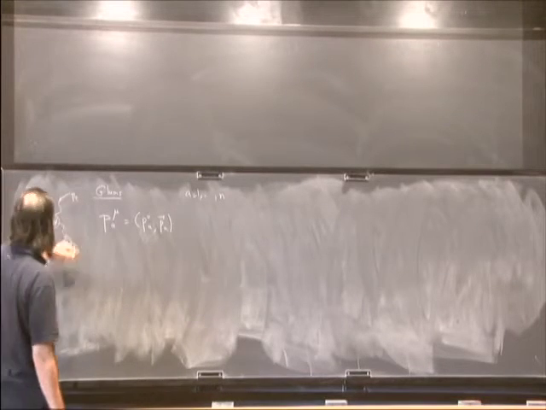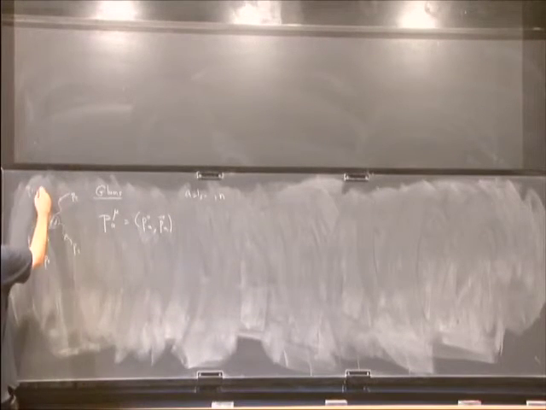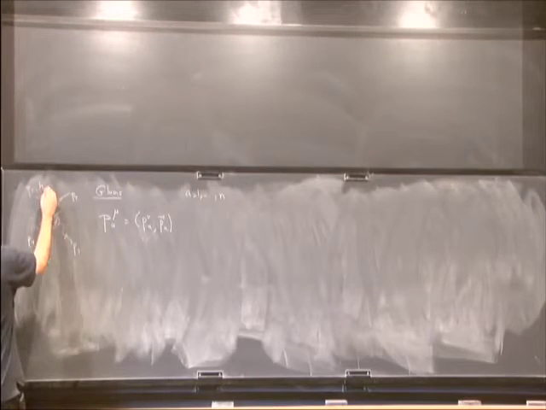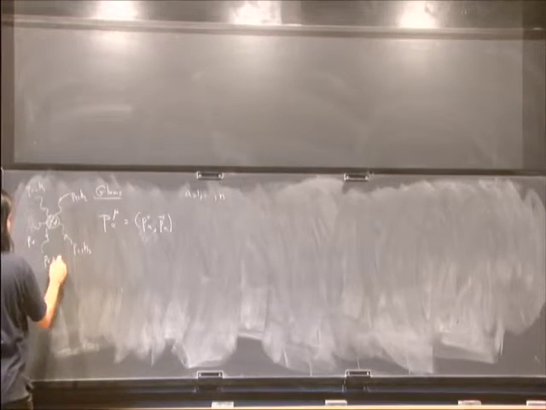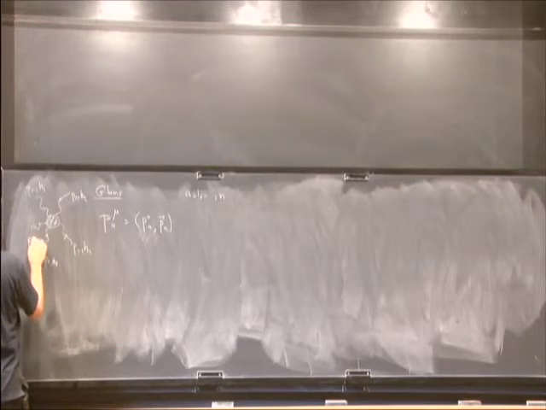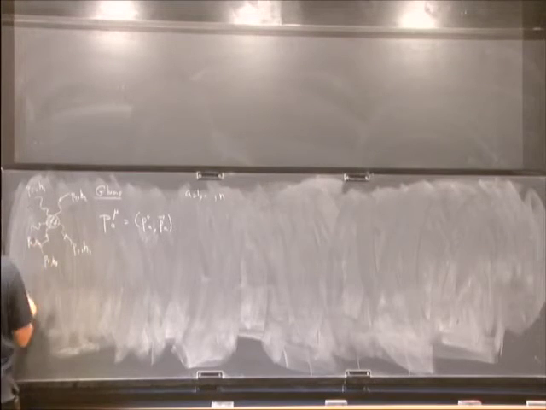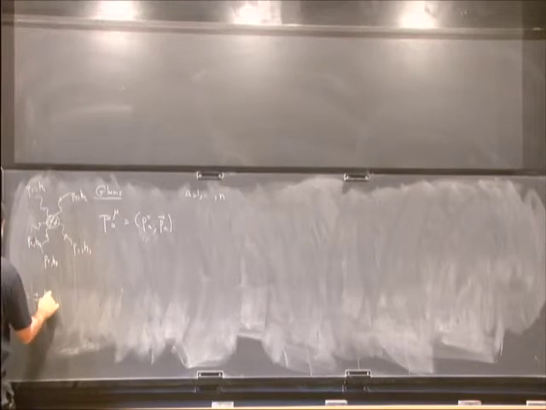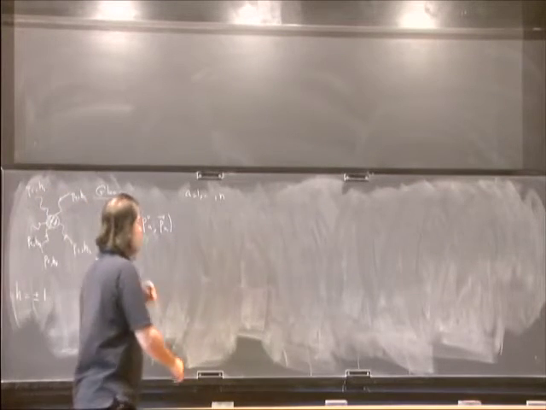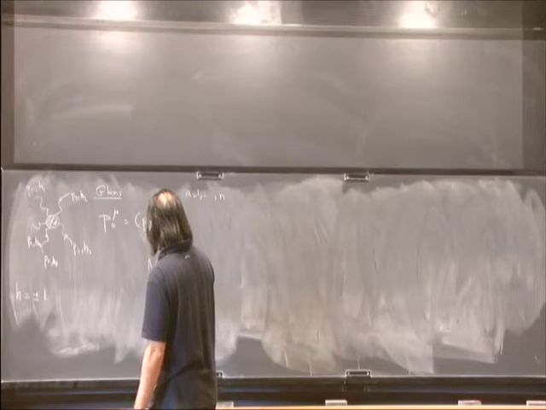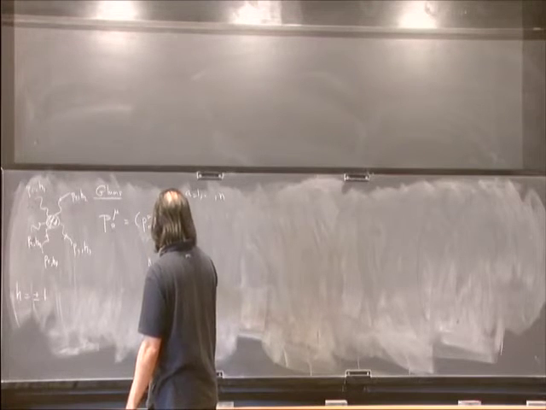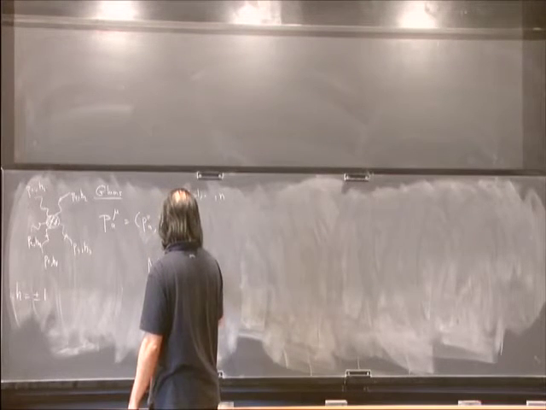So that means to specify fully the external data, I also have to give a helicity for these particles, where each of these h's is plus or minus 1. So at the moment, we have something that we call M_n, which depends on the P_A and the helicity h_A.